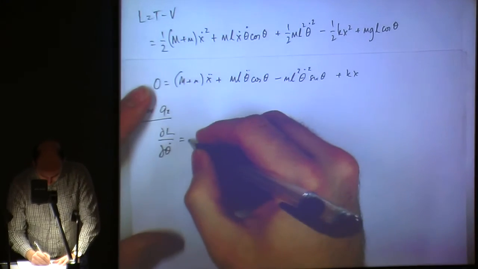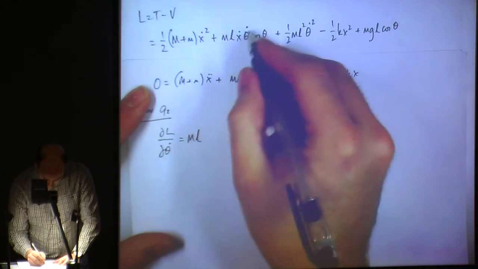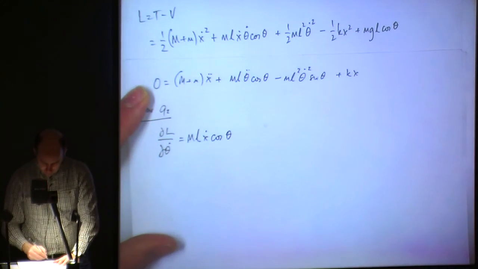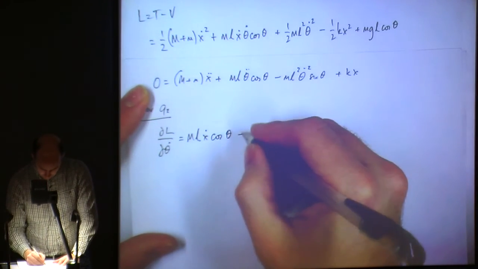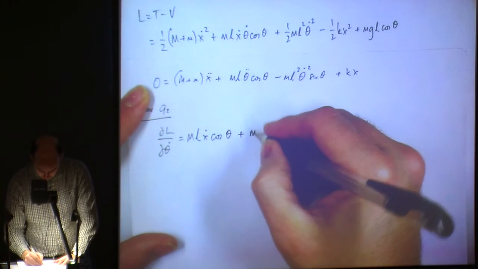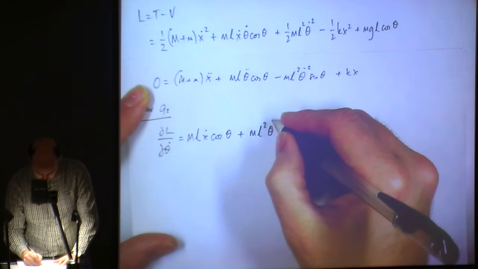And so we have ml x dot cosine of theta. And then this term, obviously got theta dot squared. The 2 comes down, making that a 1. So we have ml squared theta dot.